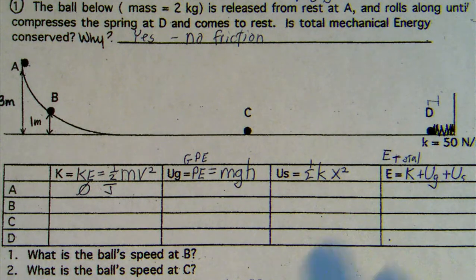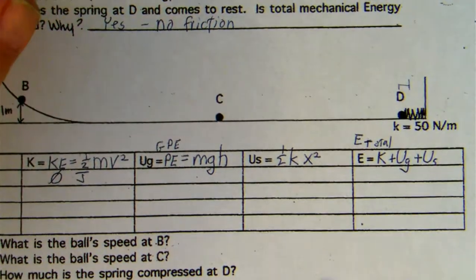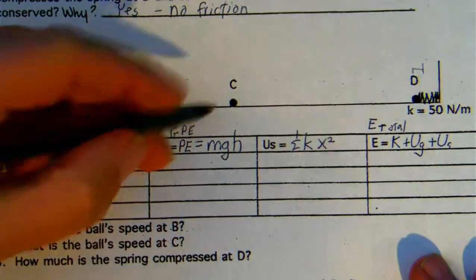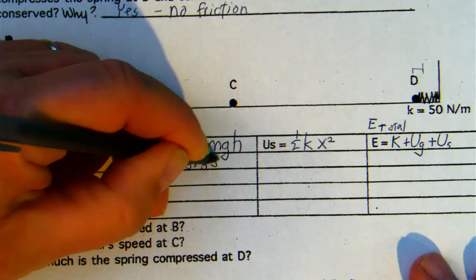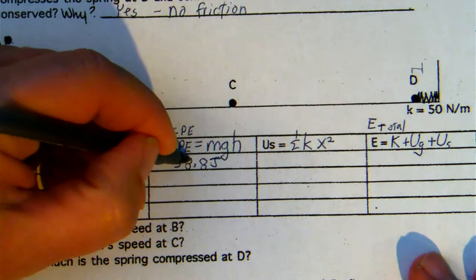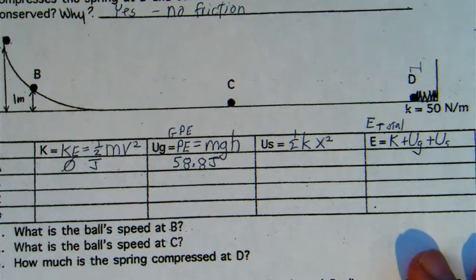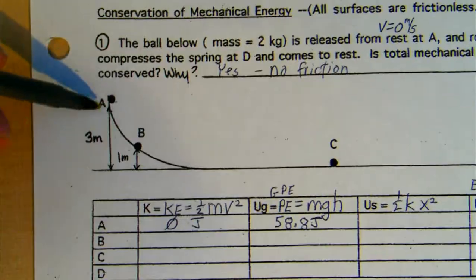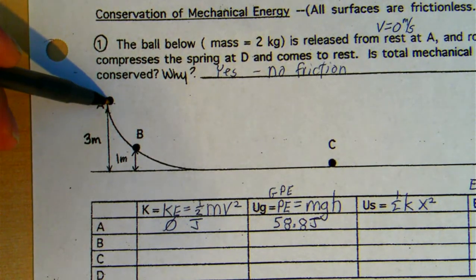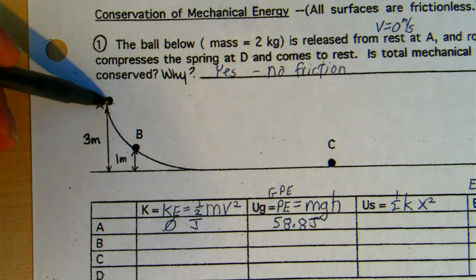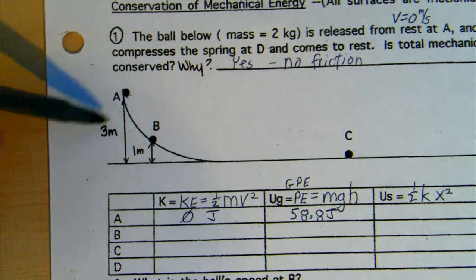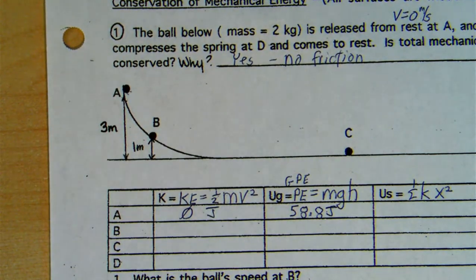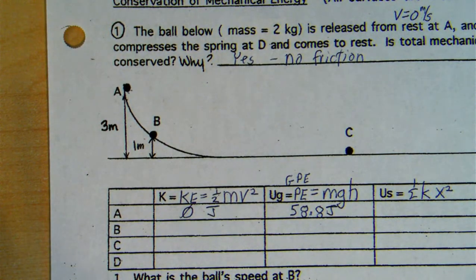Jaden. I agree. 58.8 joules. Let's talk about US. If the ball is at point A, how much is the spring way over on the other side of the diagram being compressed by this ball at point A?